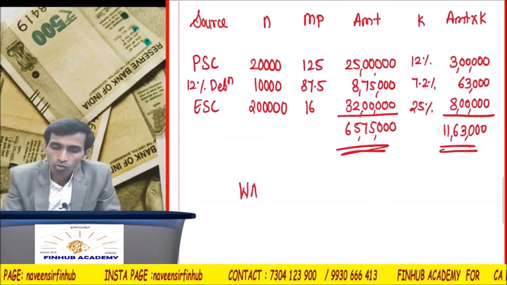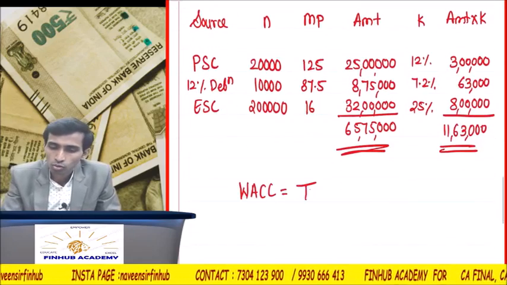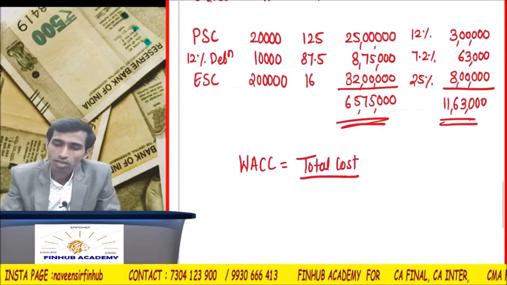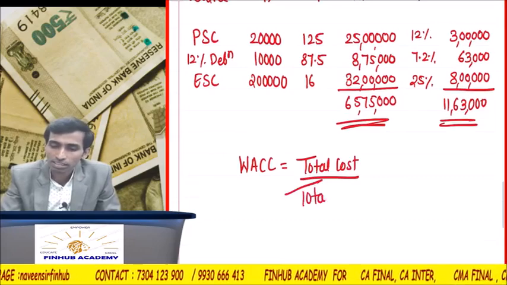WACC, Ko, overall cost of capital is what? Total cost divided by total capital.